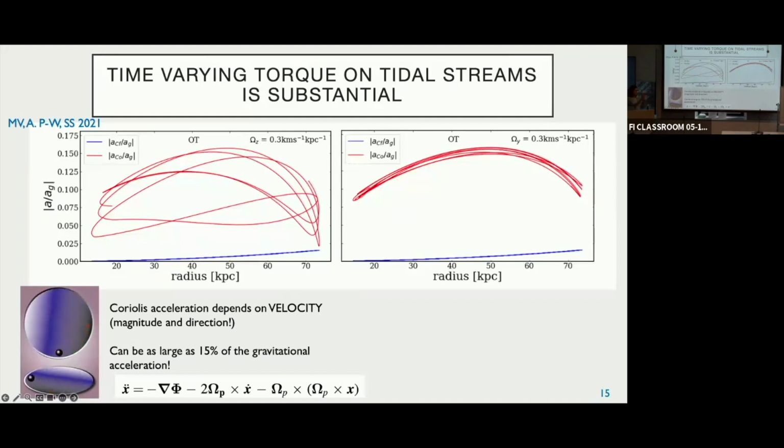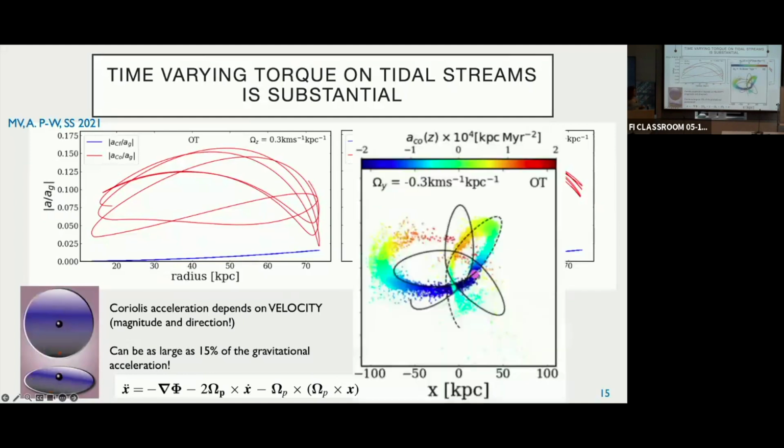So it's like the stream is being torqued in that way. Okay, so this is quite significant, and if you plot this acceleration on the Sagittarius stream again, you see that it varies not just radially, but also depending on the velocity of the stars, and both the sign and the magnitude change.